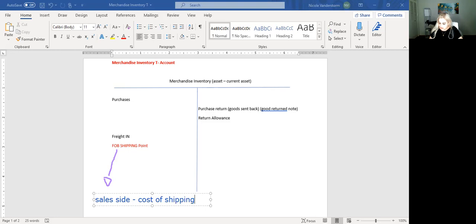Cost of shipping goes to your sales costs. And if you recall on an income statement, your sales cost is part of your SA&G. Sales cost is part of your operating expenses over here.